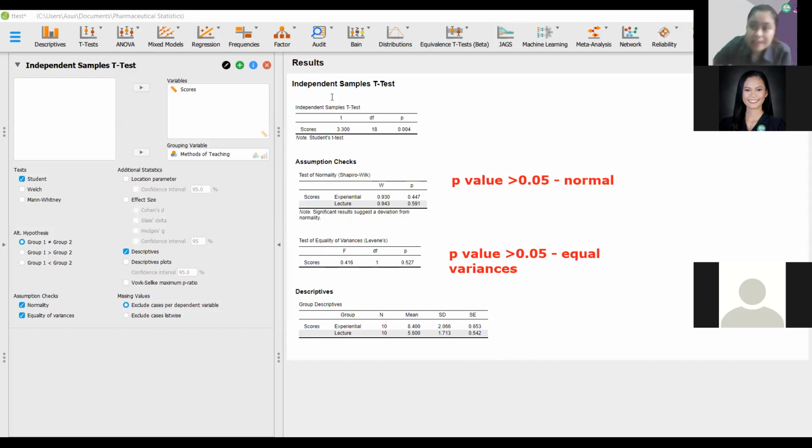Because this is a parametric t-test. Now, for the interpretation of the result. The advantage of JASP, unlike Excel, which automatically gives only the p-value: when we rounded off our answer earlier in Excel, it was 0.004.